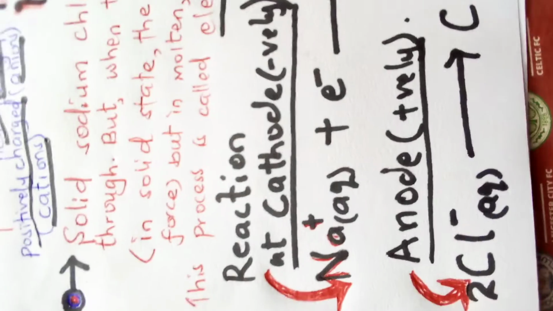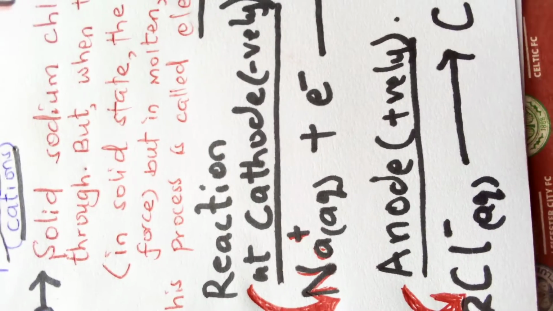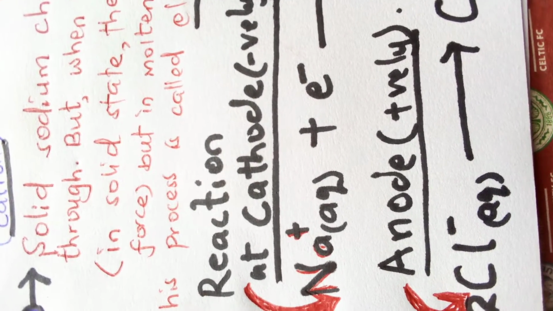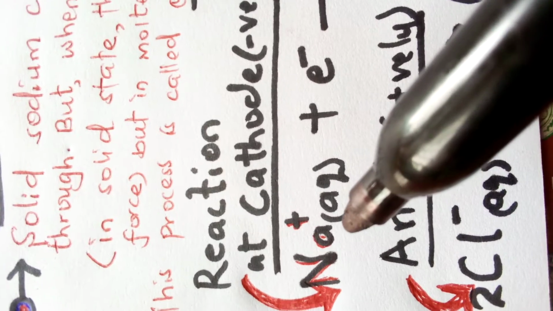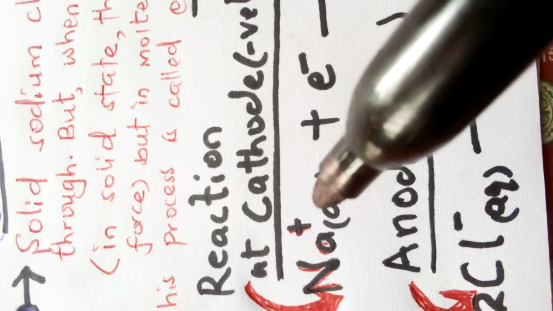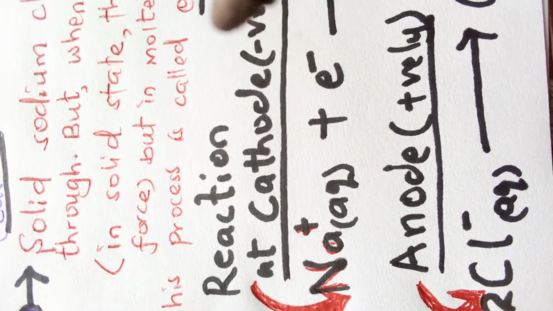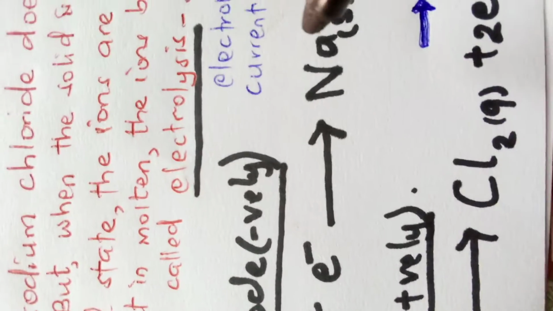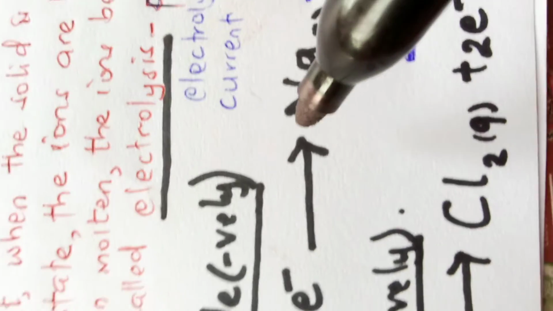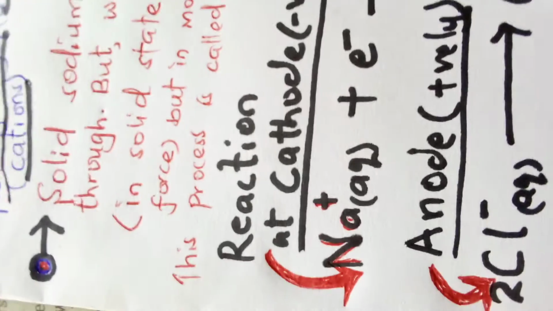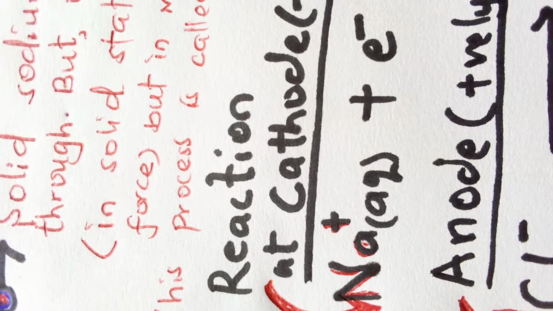Consider the reaction at the cathode, which is negatively charged. The sodium ion will gain electrons to form an electrically neutral sodium atom.